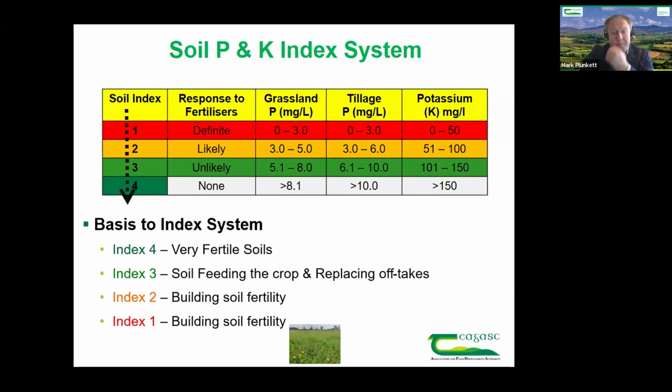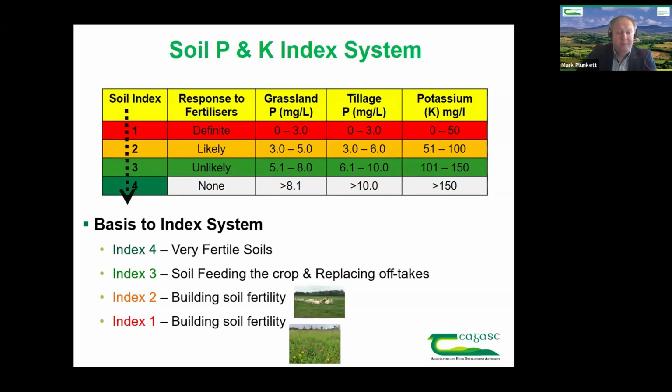Maybe, look, Pat brought this up on the first day. There are parts of farms out there, depending on the system, where index 1 is fine in terms of biodiversity. Maybe there's low productivity on the farm and you want to maintain the species, so you're not applying any extra P or K or lime. You're leaving the soils at that low fertility status to maintain that valuable biodiversity.